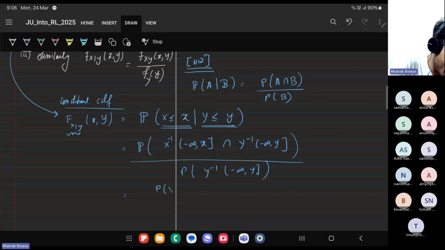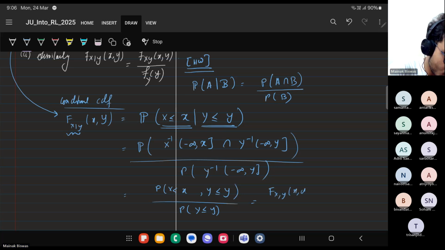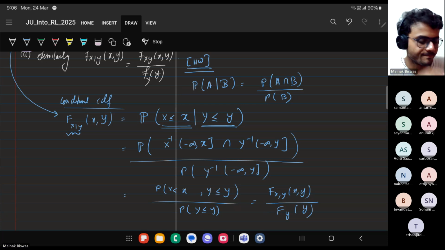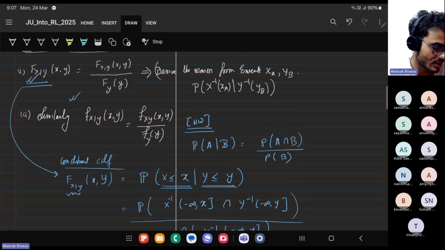Probability of X less than x, Y less than y. The denominator is probability of Y less than y. So what is the numerator in terms of CDFs? This is the joint CDF, and the denominator is the marginal CDF. Is this clear to everybody? Any doubts? We'll do a question with uniforms and then you'll understand, but please do it for all the PDFs as well, because it's exactly the same as what we did in the previous question.